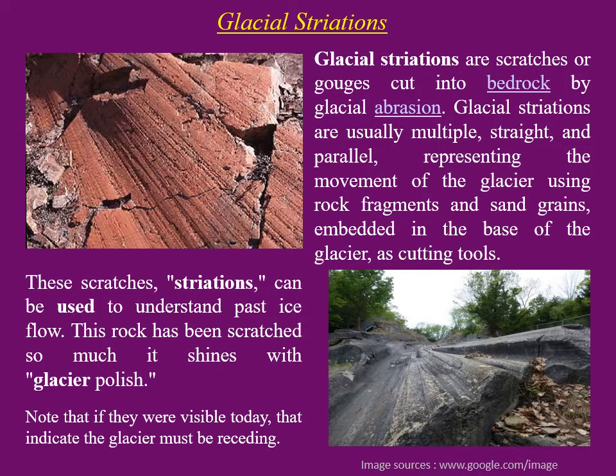Now coming to the various features or landforms formed by the glacial erosional processes. The first is known as glacial striations. These are longitudinal, narrow to wide depressions, scratching marks formed by the moving tools, that is the rock fragments or sediments carried by the glacial ice mass.